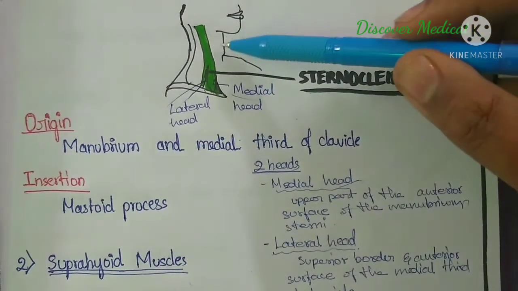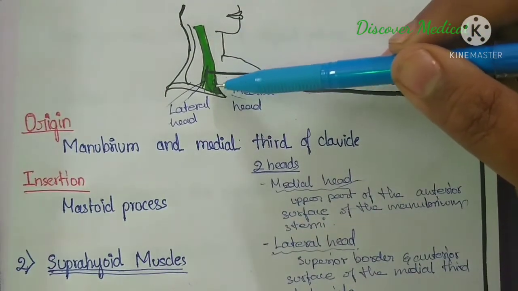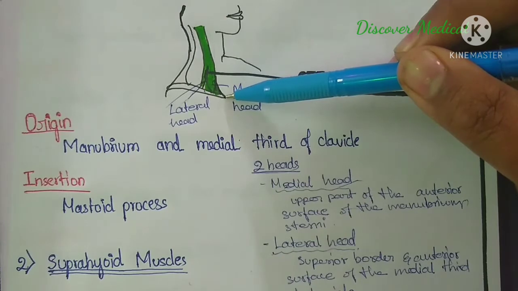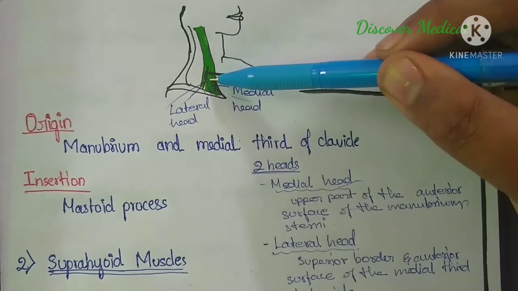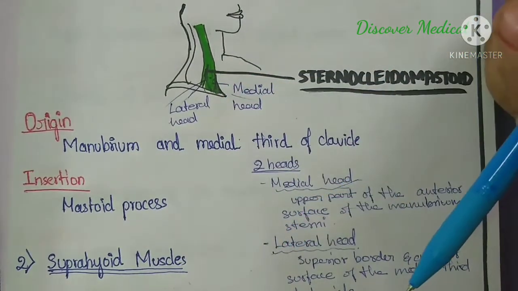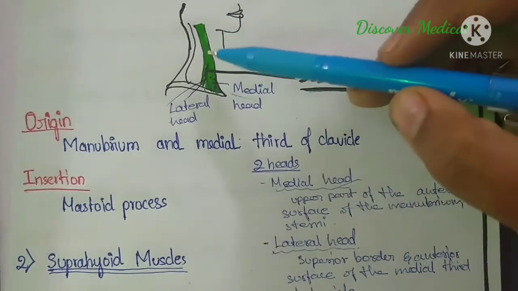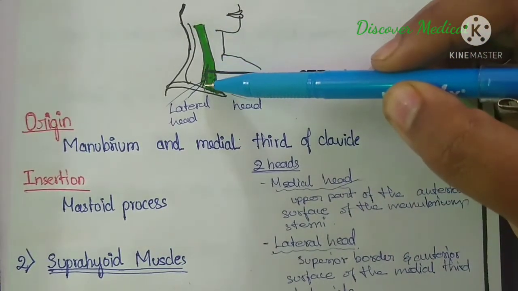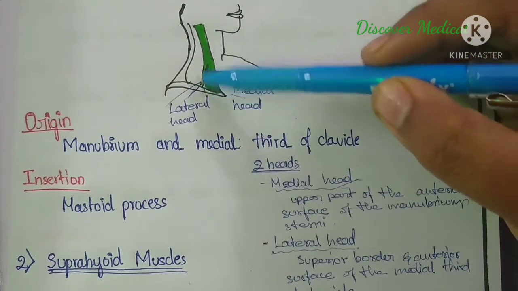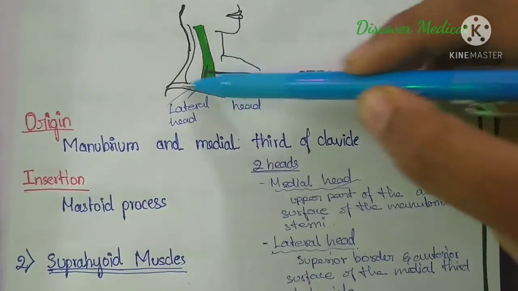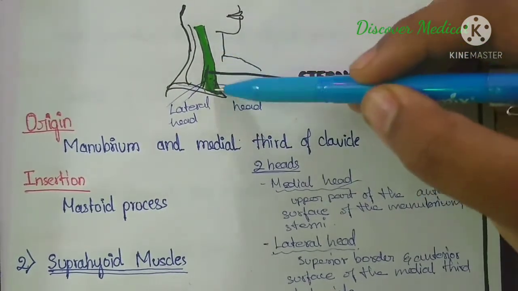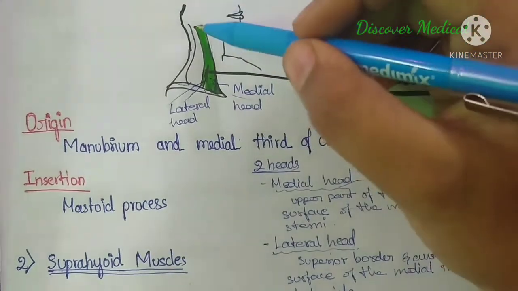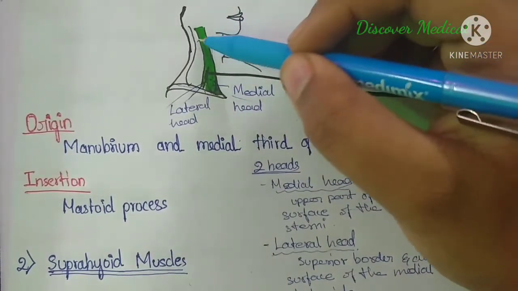The medial head originates from the upper part of the anterior surface of the manubrium of the sternum, and the lateral head originates from the superior border and anterior surface of the medial third of the clavicle. Both heads insert at the mastoid process.